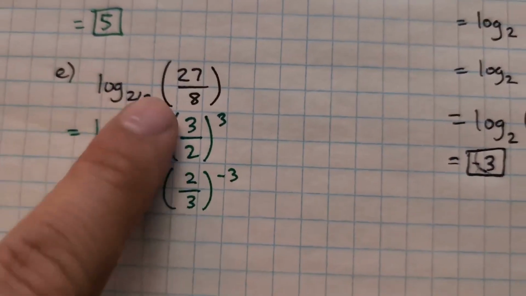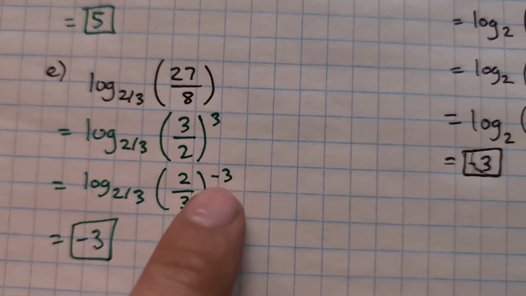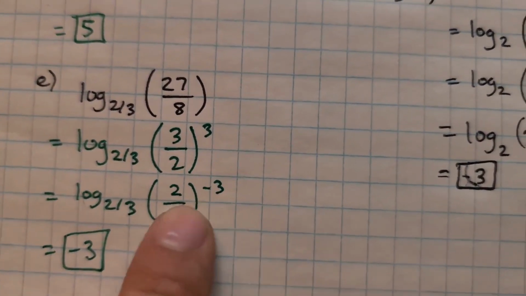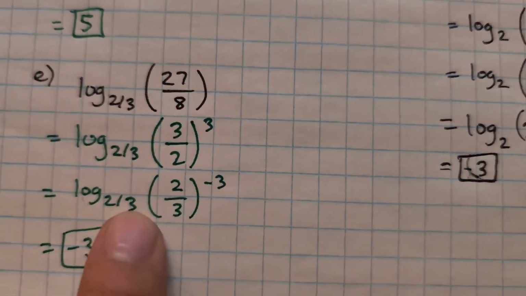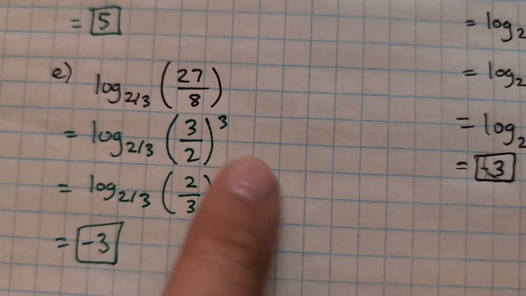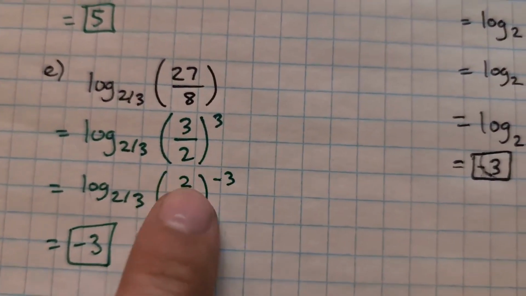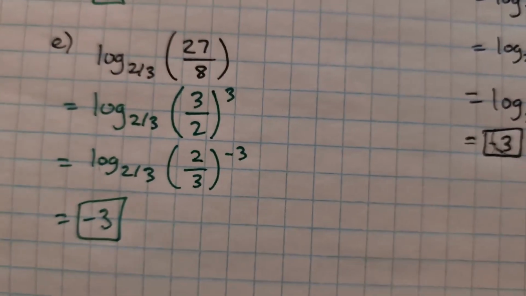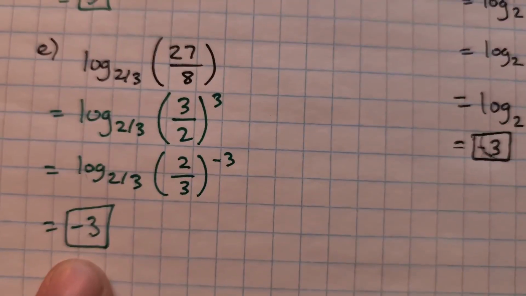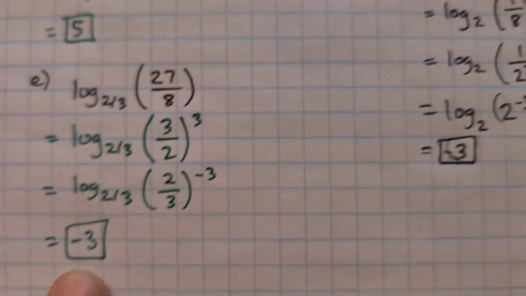I can flip my fraction, but it's going to turn that exponent negative. And so 2/3 to the power of something is going to give us 2/3 to the power of -3. So that gives us -3 as the answer to that.